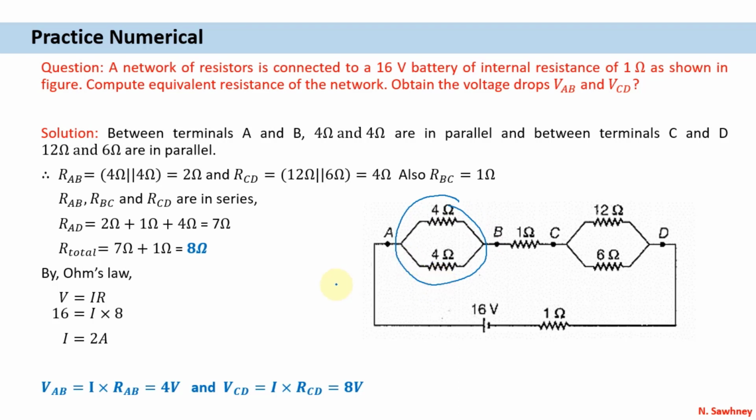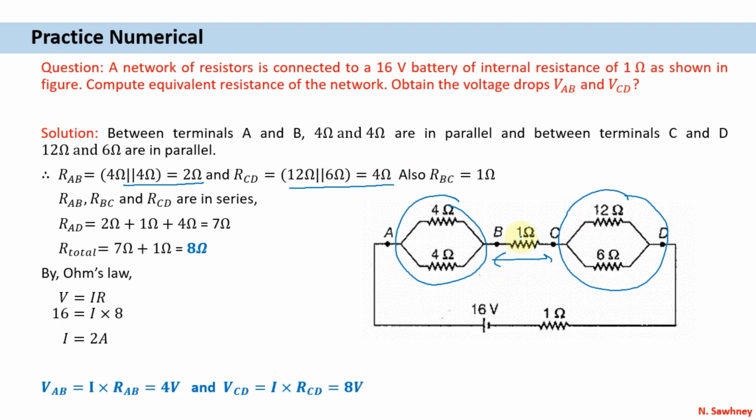This parallel combination will lead to 2 ohm resistance. Now again look carefully between C and D. 12 ohm and 6 ohm are in parallel. It will form 4 ohm resistance. Between B and C, 1 ohm resistance is already given in the network.